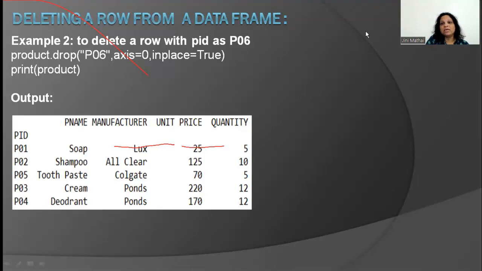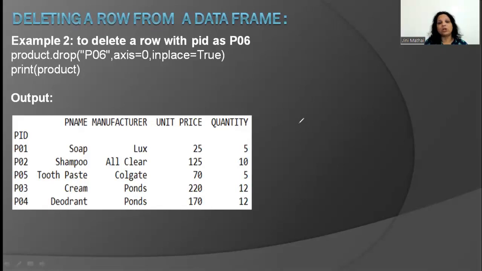Now, some of you could have a question like this. This is deleting based on the column name and the row heading. What if I want to do a deletion based on a certain condition?